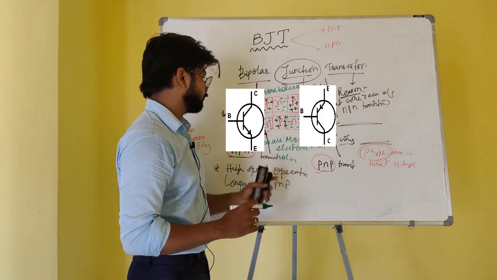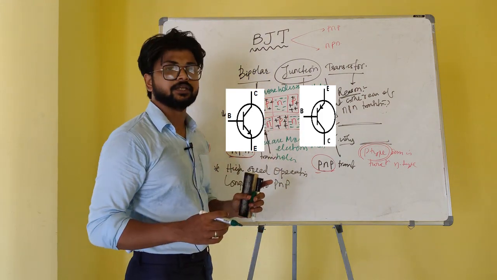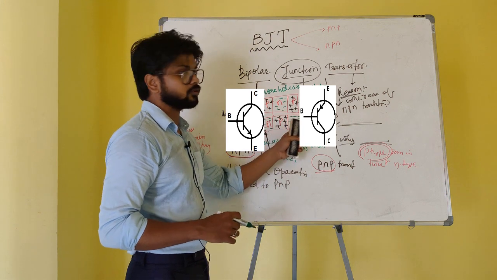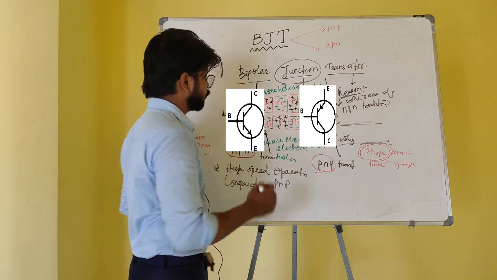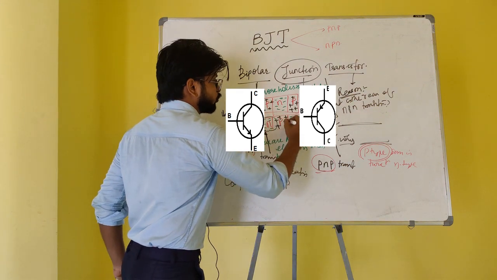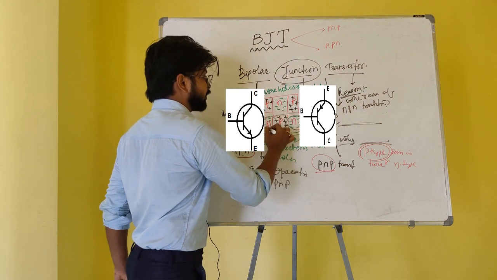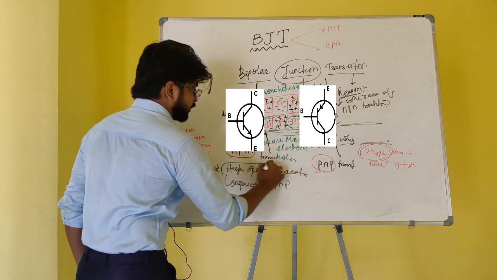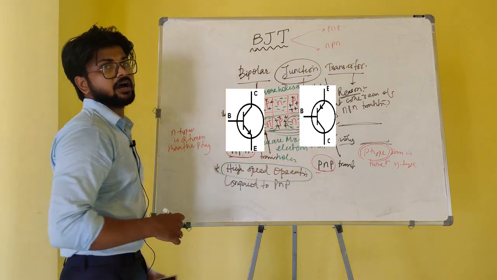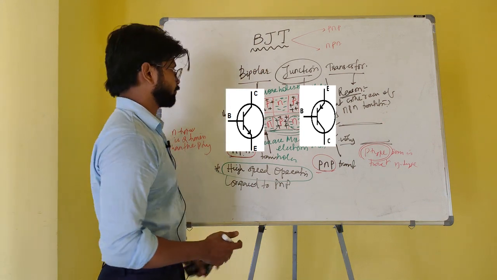And by concept, we know that the mobility of electrons is more than that of holes. So, as the electron concentration is higher in the NPN transistor, the NPN transistor is high in speed of operation.